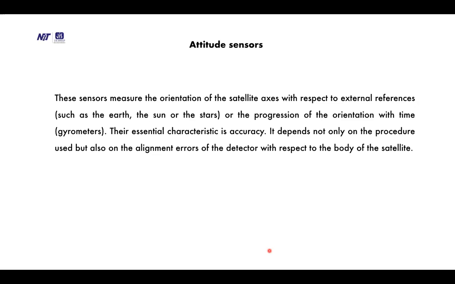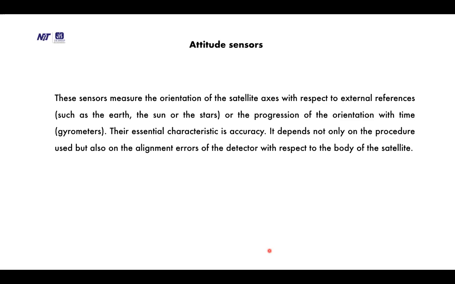Attitude sensors. These sensors measure the orientation of the satellite axis with respect to external references such as the Earth, the Sun and other stars, or the progression of the orientation with time, using gyrometers.